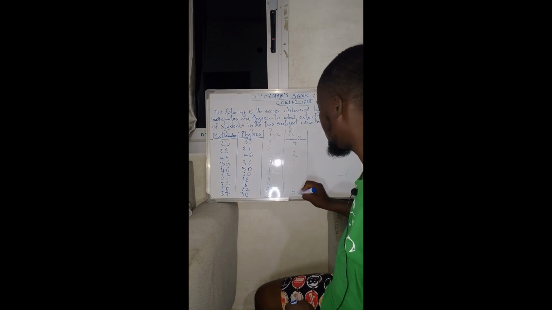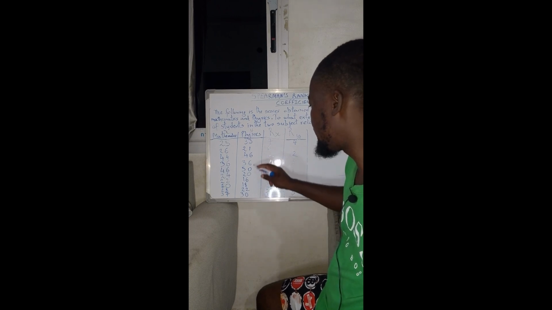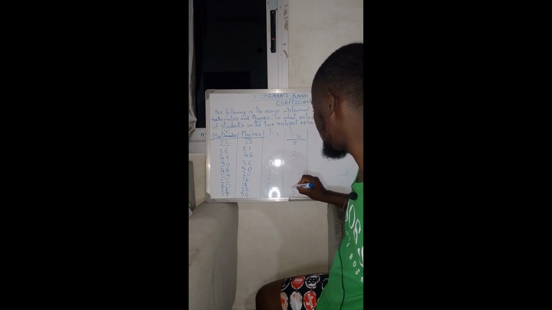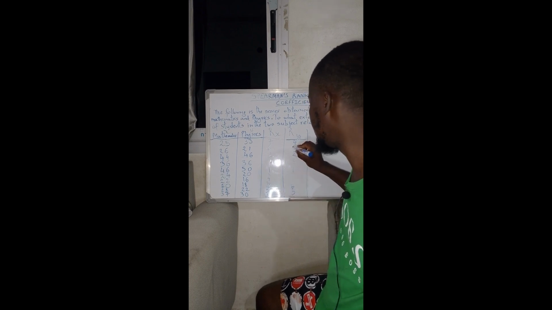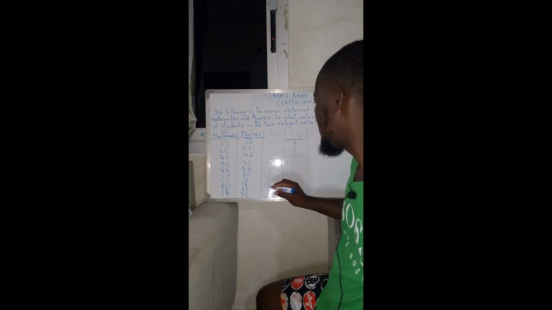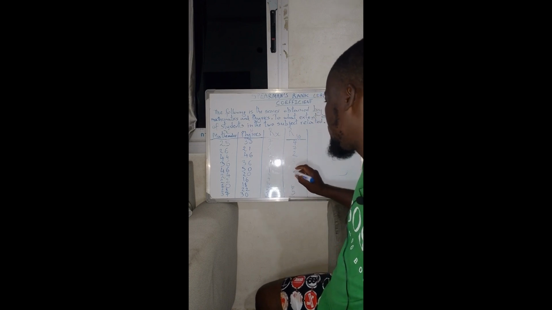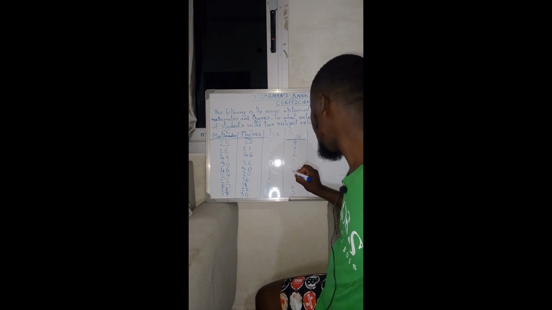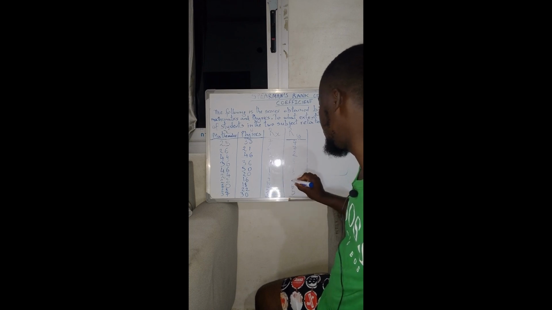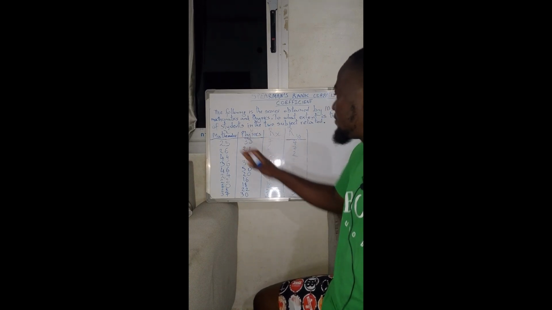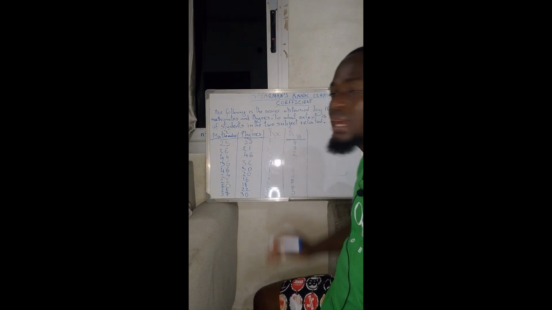Then we have 22, which is the sixth position. We have 21, the seventh position. We have 20, which is the eighth position. We have 18, the ninth position. And we have 16, the 10th position. These are the ranks. We have ranked the scores, Rx and Ry.